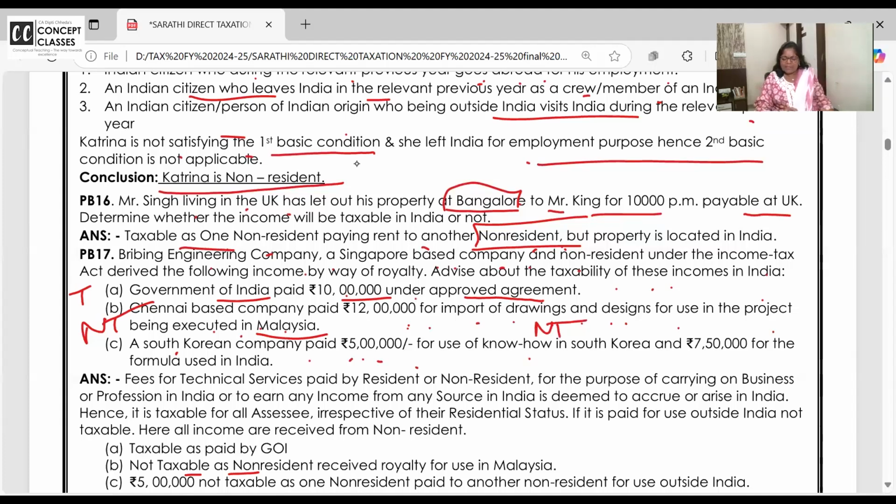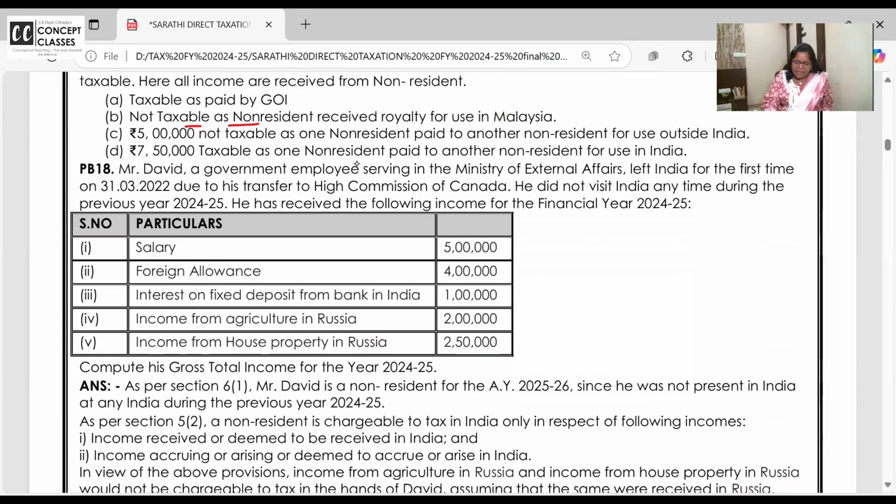Not taxable. South Korean company paid to a non-resident. One non-resident paying to another non-resident for a project, not taxable. 750 for the formula used in India. Very well taxable. Take your time, read at home.